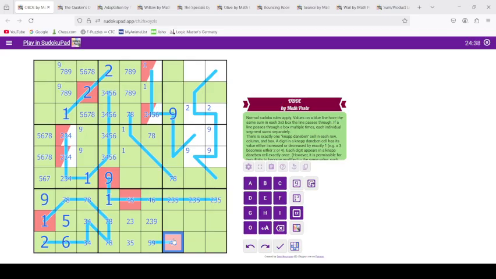Ah, there we go. This can't be a 4. Because if this were a 4, then the KD cell over here would have to be a 6. A 3. Yeah, a 3.